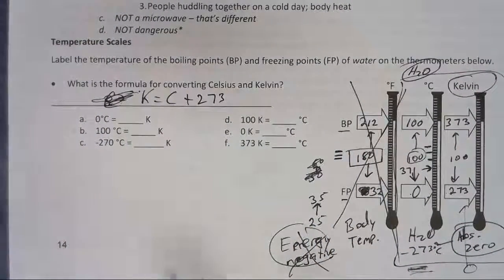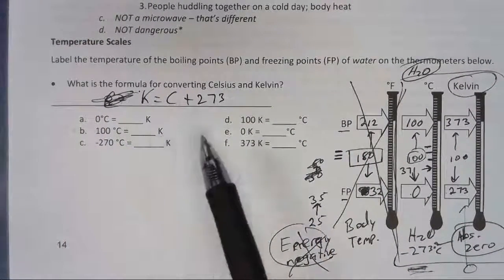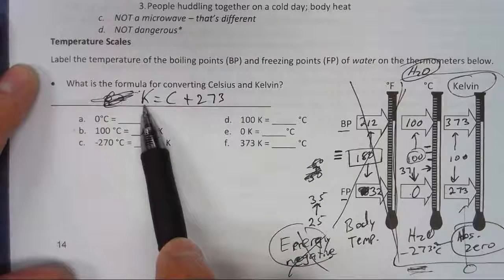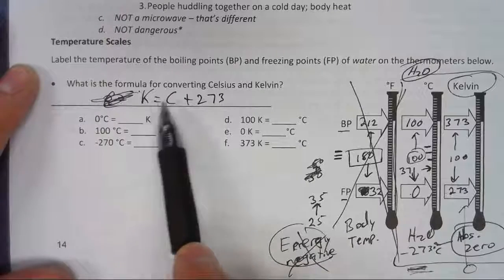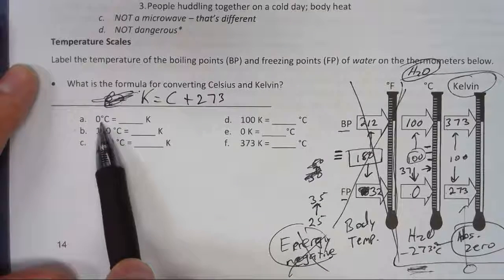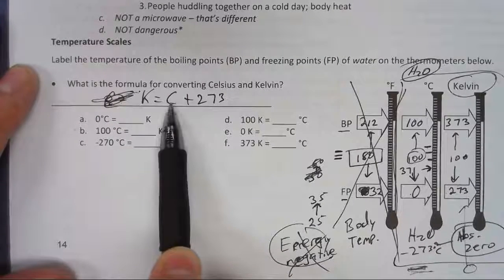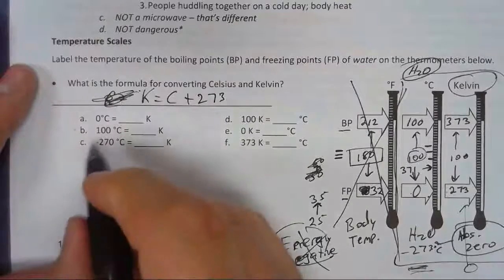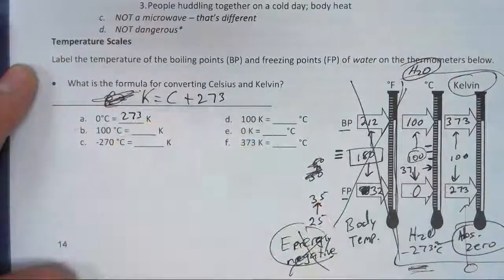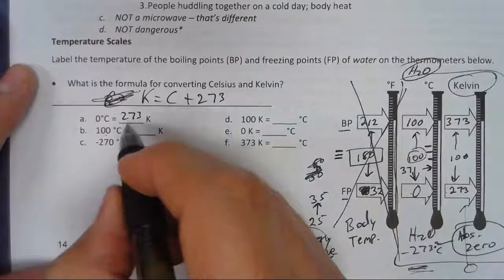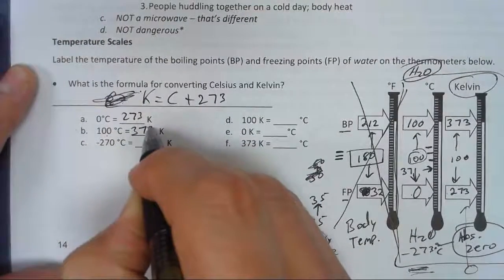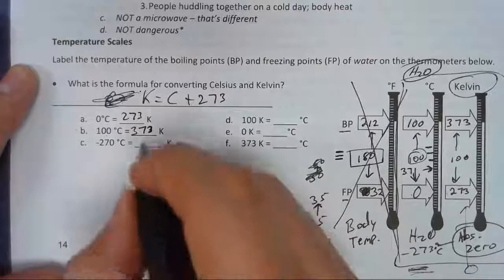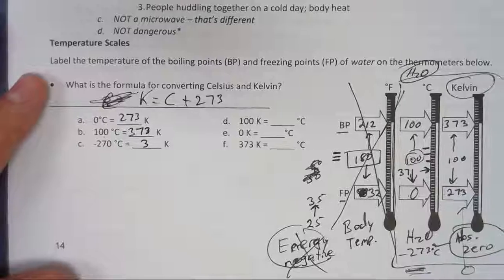So that means if you have a Kelvin temperature and you want Celsius, so this one over here, we would plug our Kelvin temperature in here, and then we subtract 273 to get Celsius. If we have Celsius temperatures, we plug the Celsius temperature in for the C, and we just add 273, and you got Kelvin. 0 plus 273 is 273 Kelvin. 100 plus 273 is 373 Kelvin. And negative 270 plus 273 is actually 3 Kelvin.